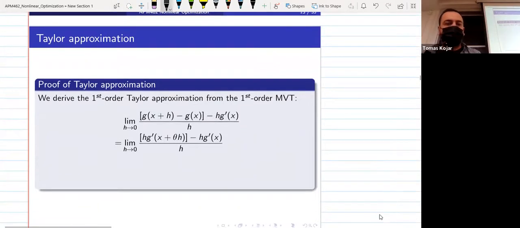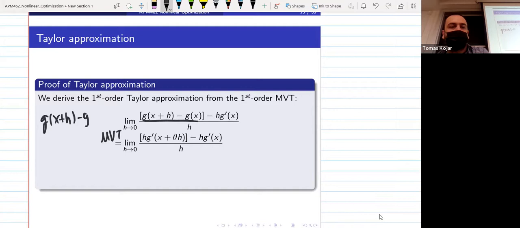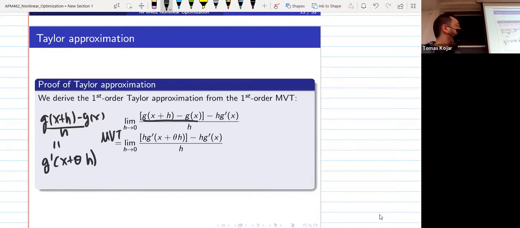First, you apply mean value theorem over here. Okay, so mean value theorem said that you can write the slope. So let me say how we apply mean value theorem. This guy divided by h is equal to g prime of, we can call it c. Let me write it like this. Same thing. And so you rearrange.